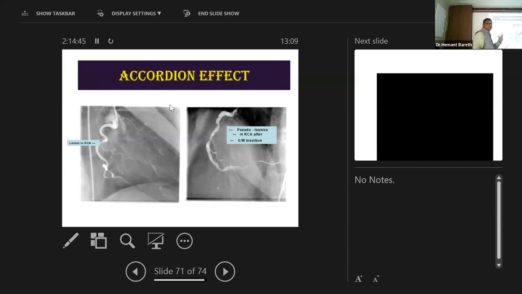This can cause symptoms. The patient can even have death on the table because of this effect. So it's a serious thing. Once you diagnose it, what you do is put a microcatheter and change to a lesser heavy duty wire.